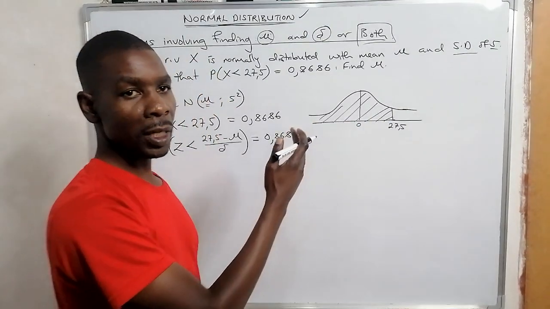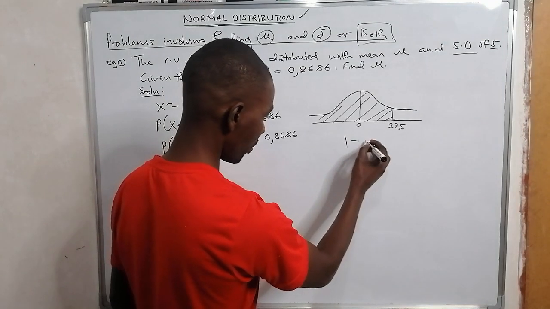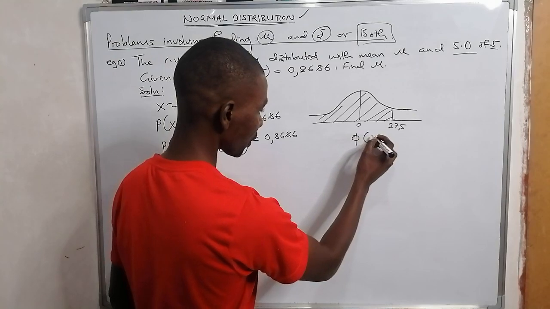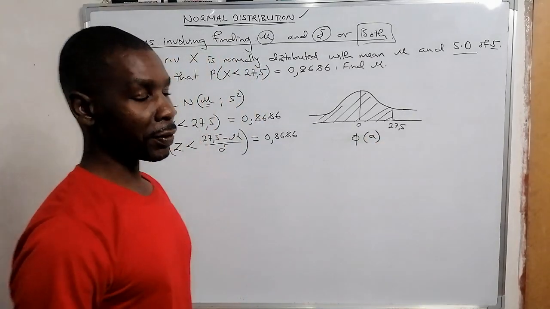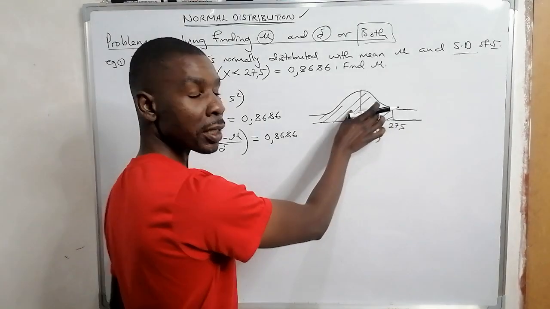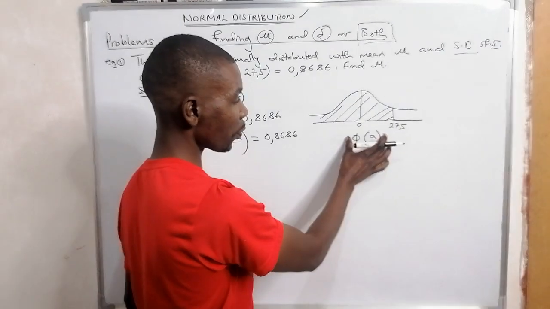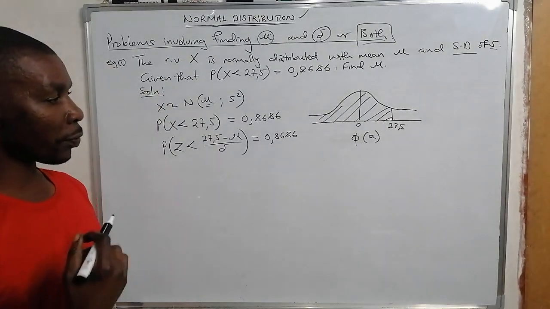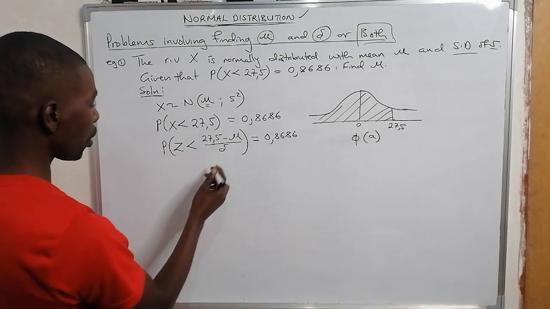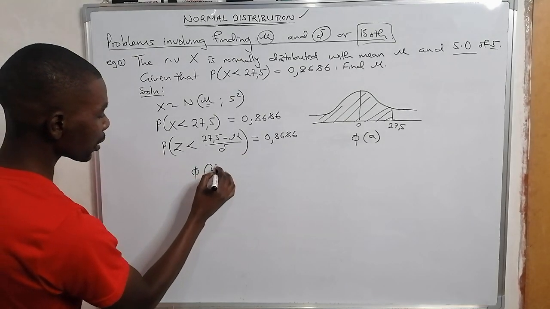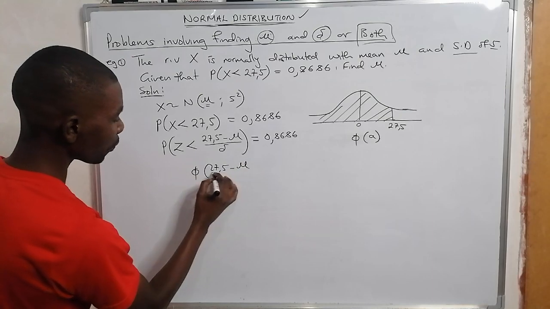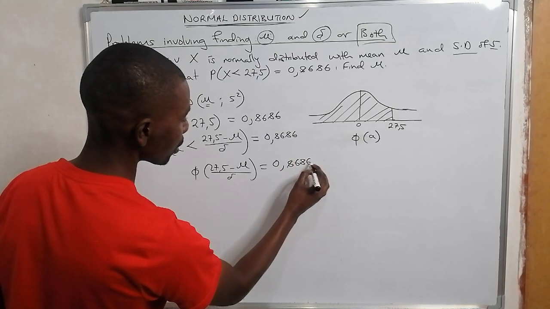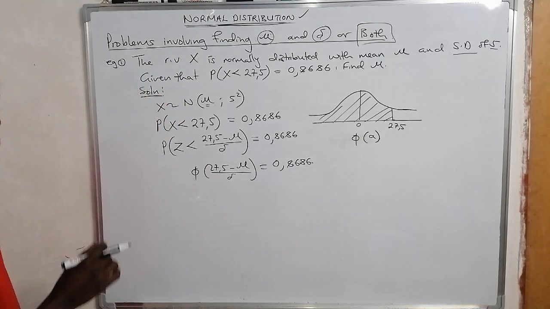Remember, in our previous video, we said if this shaded part is more than 50%, it will be phi of a, and if it is less than 50%, it will be 1 minus phi of a. So in this case, we are going to find phi of 27.5 minus mu divided by sigma, and it will give us 0.8686.